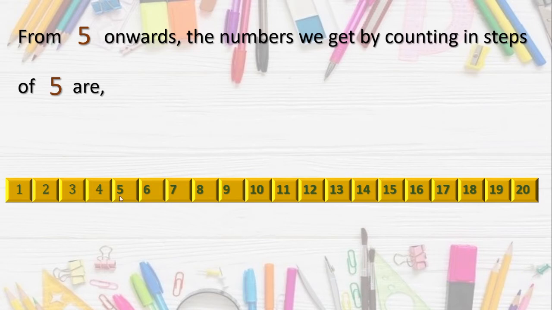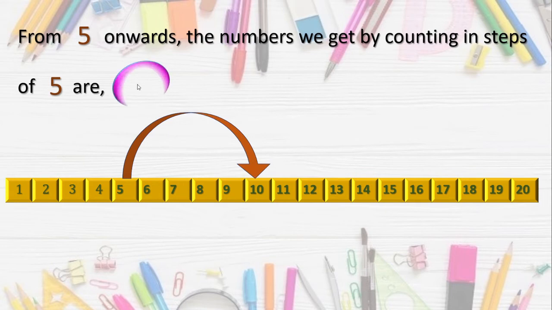So we'll begin from 5 and we are going to jump by using steps of 5. After 5 numbers we have to keep the step. See here from 5, after 5 numbers we get 10. Correct? 6, 7, 8, 9, 10. These are 5 numbers. Right? So we'll write 10 here.